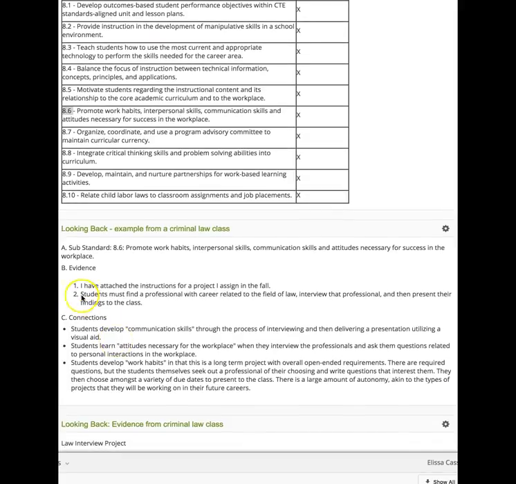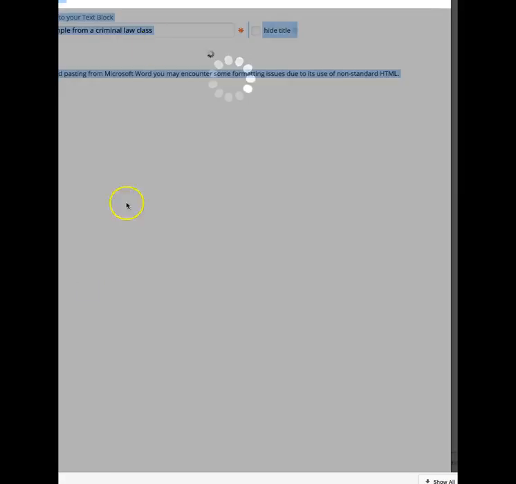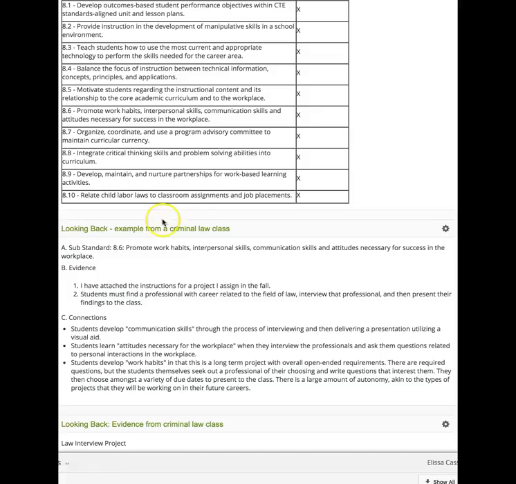And now I'm saying, how does this evidence explain what I do for this substandard? How does this connect with this? So here we go, 3 bullets. Students develop skills through the process of interviewing, etc. I won't read them all to you. Students learn attitudes necessary for the workplace when they do certain things, and students develop work habits. So I'm explaining. Here's the substandard, here's my evidence, and here's how they connect together.